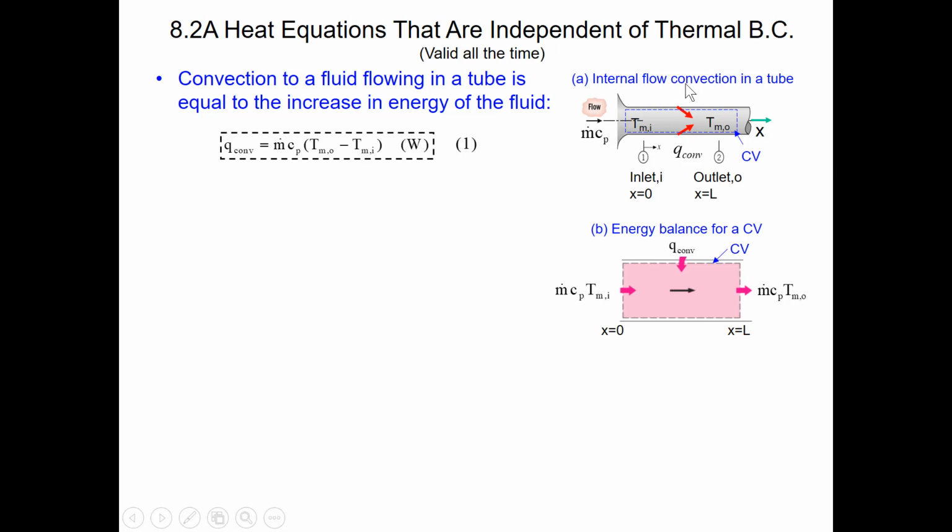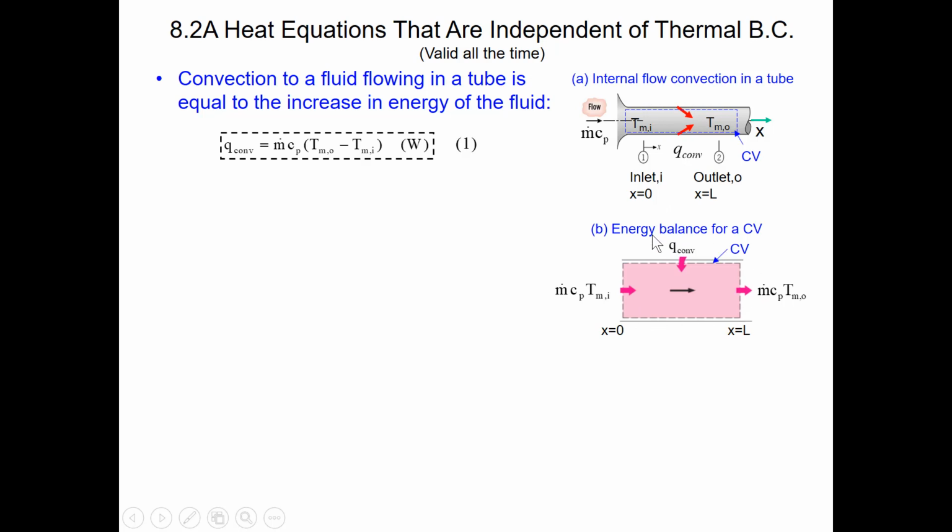This is our system with the defined control volume. Mass flow carrying energy enters the control volume at temperature Tmi and leaves at temperature Tmo. There's convection between the solid surface and the moving fluid.